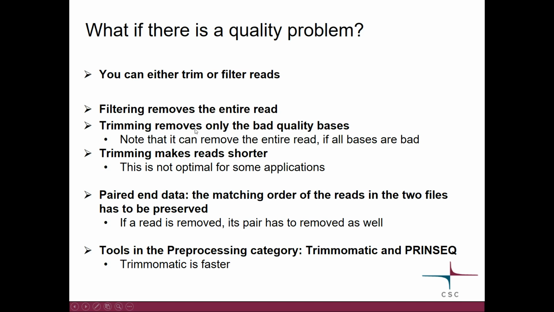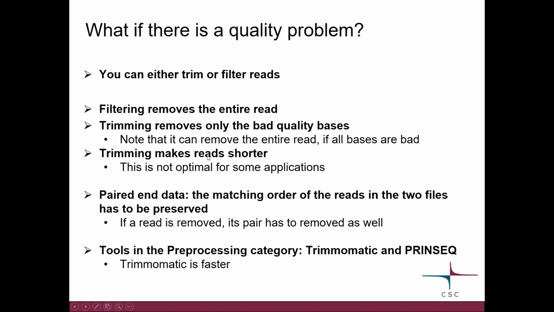You set a threshold, for example, 20, and then it will keep trimming from the bad end until it meets a base which has base quality 20. However, if all the bases in a particular read are bad, then the whole read can disappear.